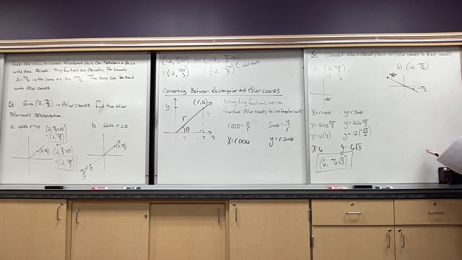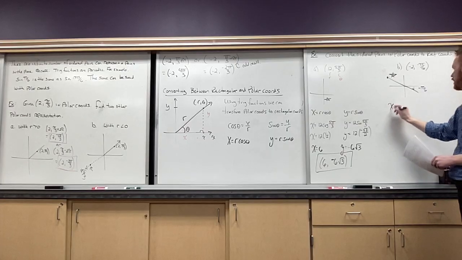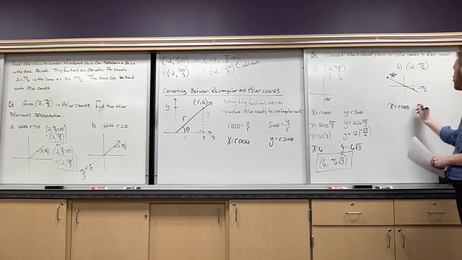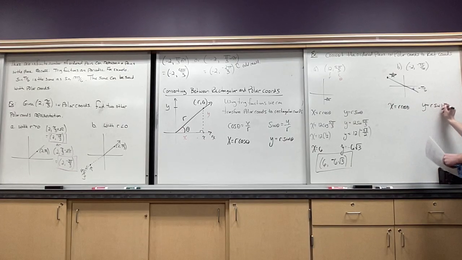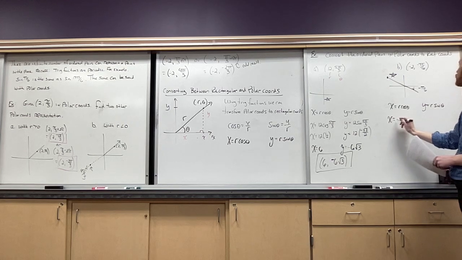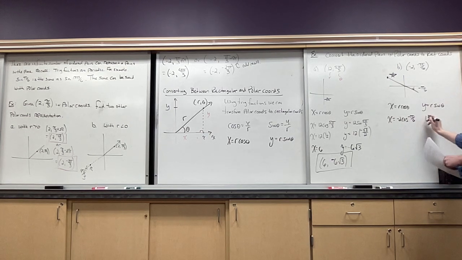So when I get my answer, I can see, did I do it correctly? So let's go ahead and start using the formulas. So we get negative 2 cosine of negative pi over 6. And we get negative 2 sine of negative pi over 6.